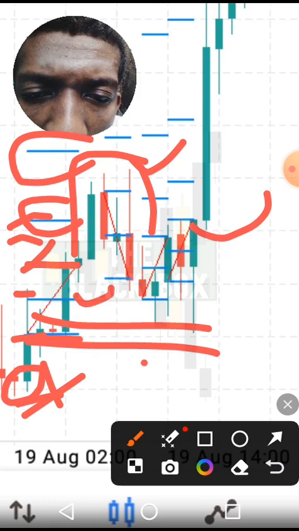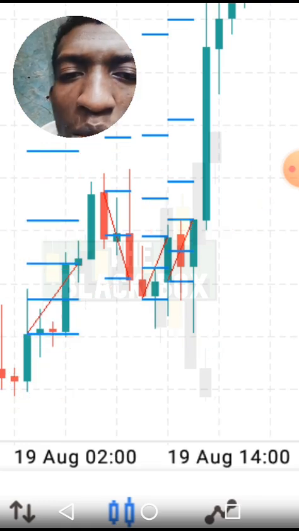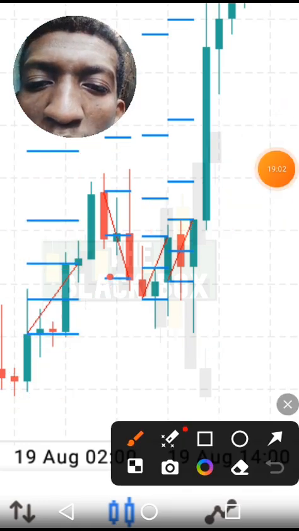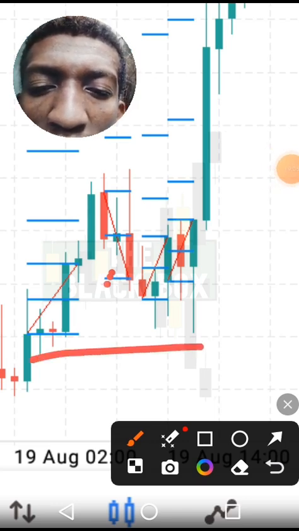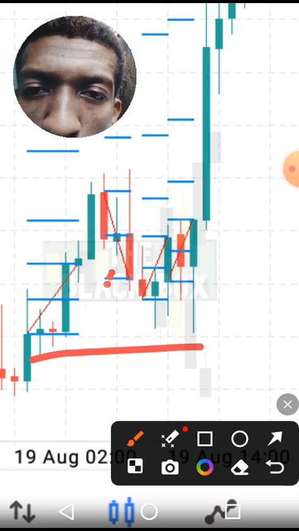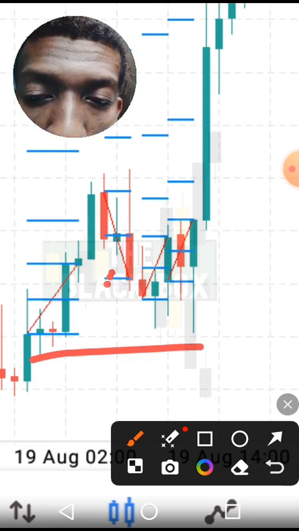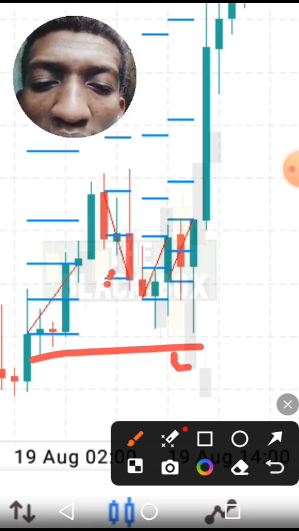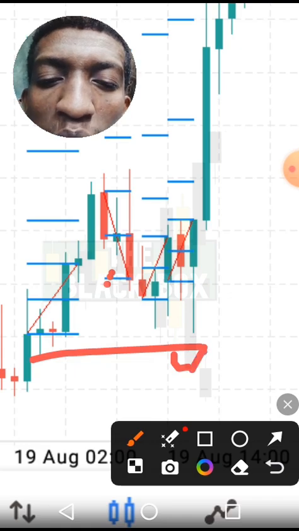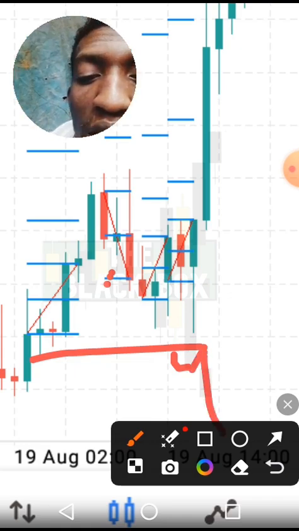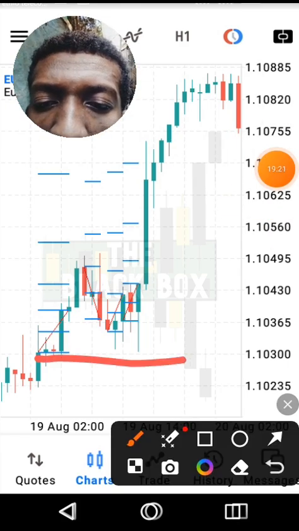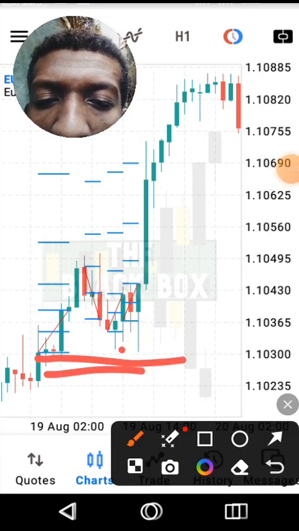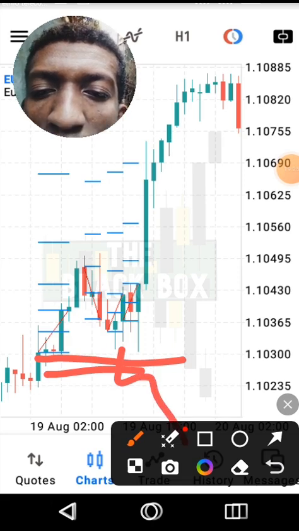So I will use this one for a trade up. What if it breaks down? I don't care. Why? Because I am in a sell position with this one. If it breaks down and fulfills TP2 in the downward direction, if it wants to collapse and break this 2.5% down there, I am already in a sell position.